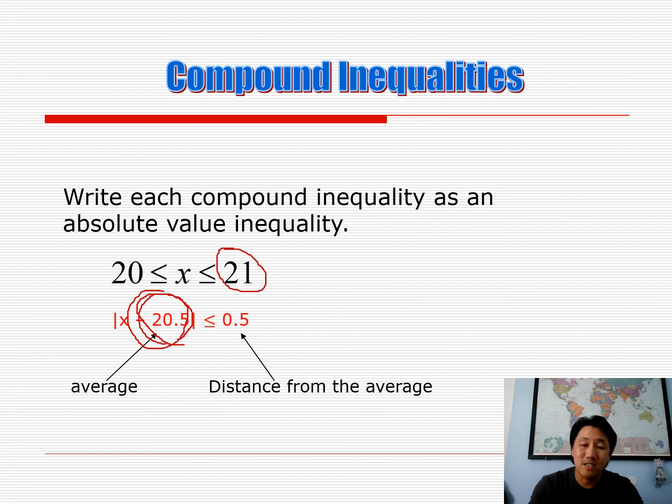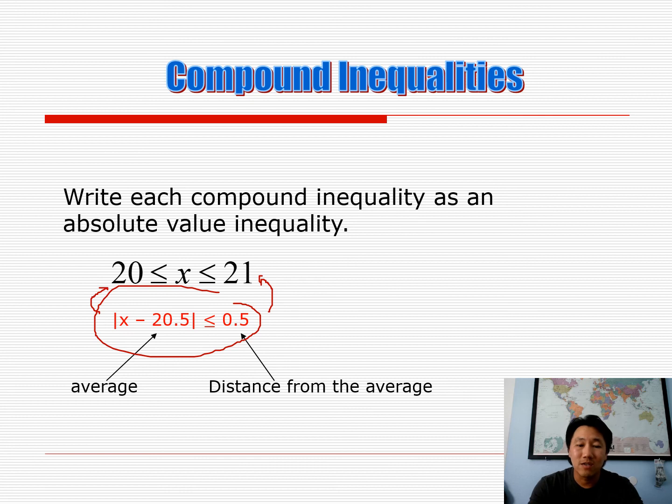Or it's actually the distance to either number. So the distance from there to there, or the distance from here to here. In either case, the distance is 0.5 away. And so that's how you come up with the absolute value equation. Because if you solve this equation, you would get these two answers. So it's just another way of going backwards.